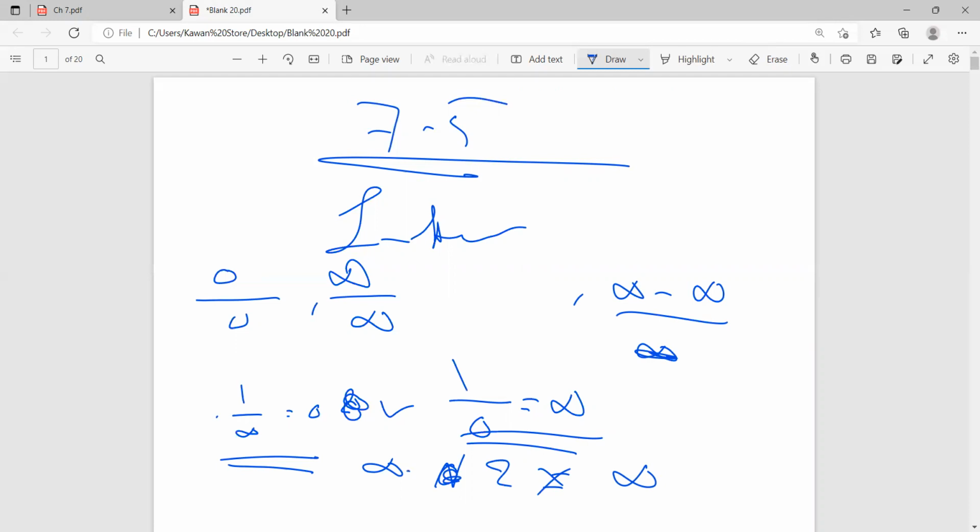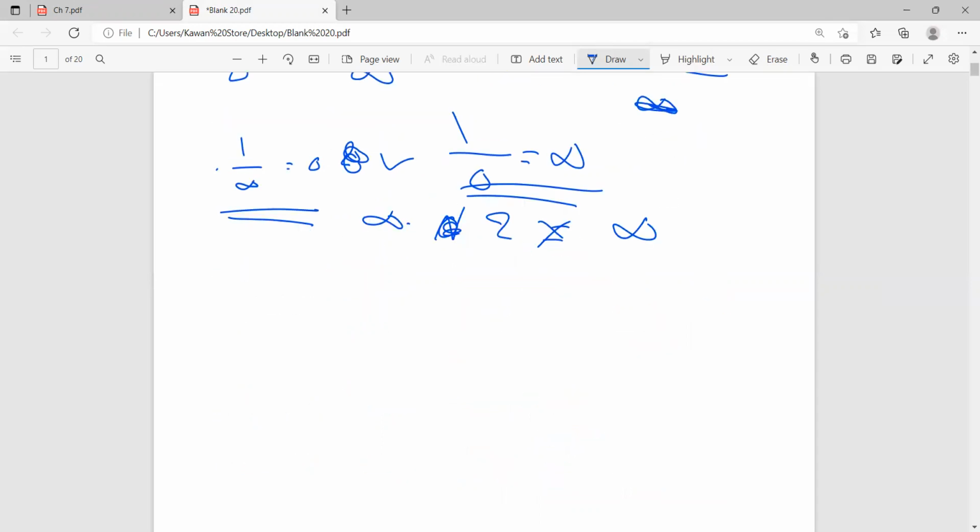Infinity multiplied by infinity, yes, you're right again. What else? Infinity multiplied by 0. Infinity times 0, you are right.